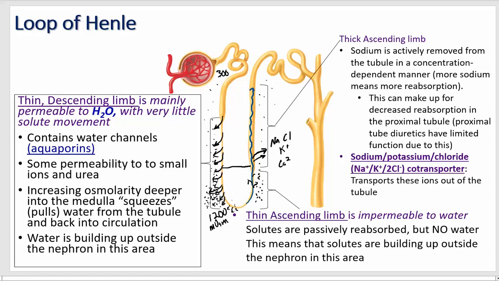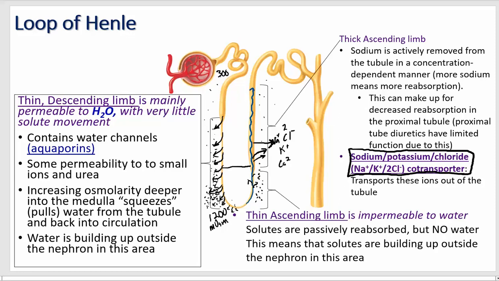There are a lot of transporters that allow a lot of ions to move through. There's one in particular that's really important to this process, and that is the sodium potassium chloride cotransporter. That's going to take a sodium and two chlorides and a potassium, and it's going to move those out.